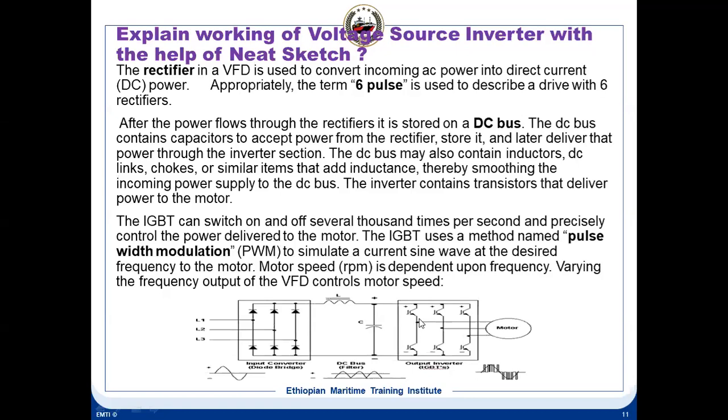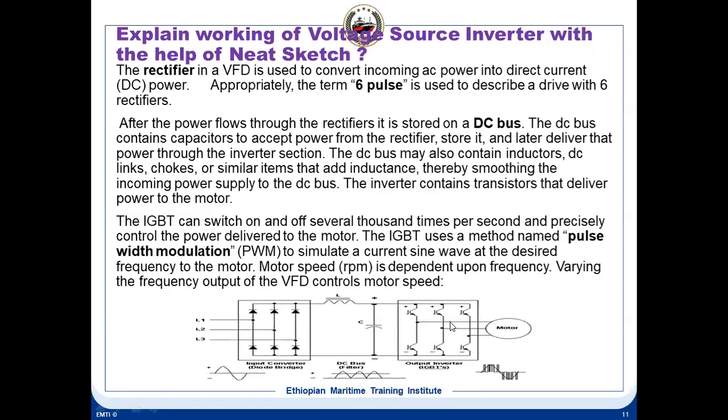So here, in the case of a voltage source inverter, we are using IGBTs, and in the other we are using thyristors. An IGBT can be switched on and switched off several thousand times per second, and precisely control the power delivered to the motor. The IGBT uses a method named pulse width modulation to simulate a current sine wave at a desired frequency to the motor.